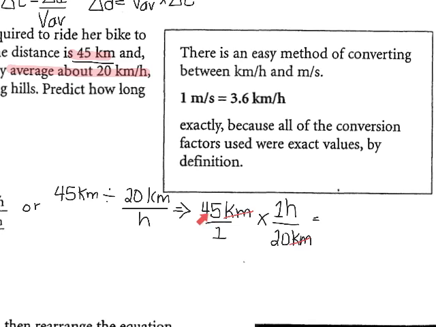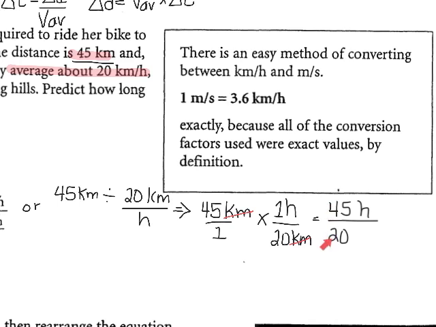We're going to multiply straight across, so we're going to take 45 times 1. And it's still 45, but we're going to stick the h there, the hour. And then we're going to take 1 times 20, which is still 20. So now you do your division.